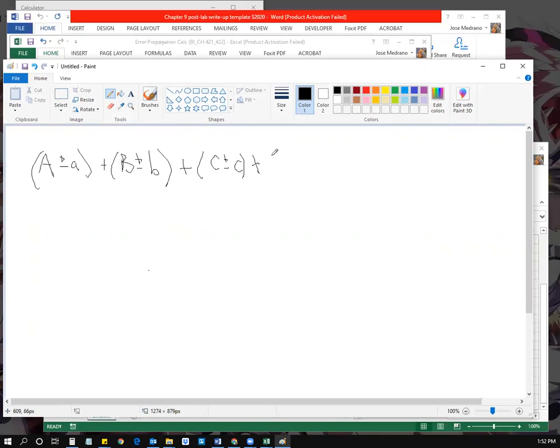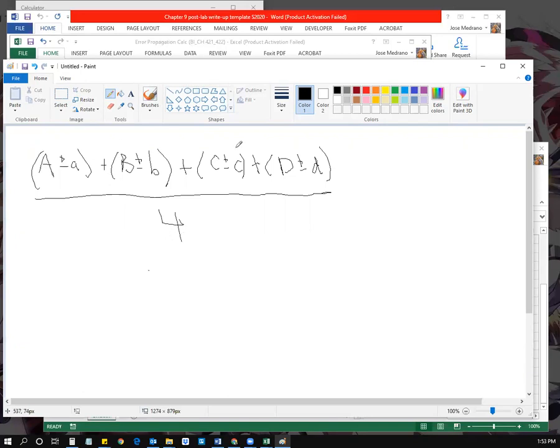And then finally, another value with its associated error, and then divide all this by 4 so you can get the average. This is going to take a while, even doing it by hand, or even, it's a little tricky to do it in the error propagation calculator.